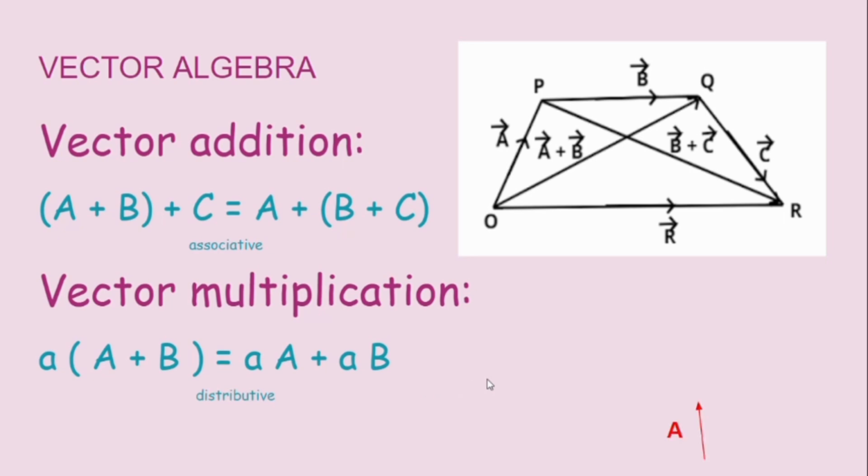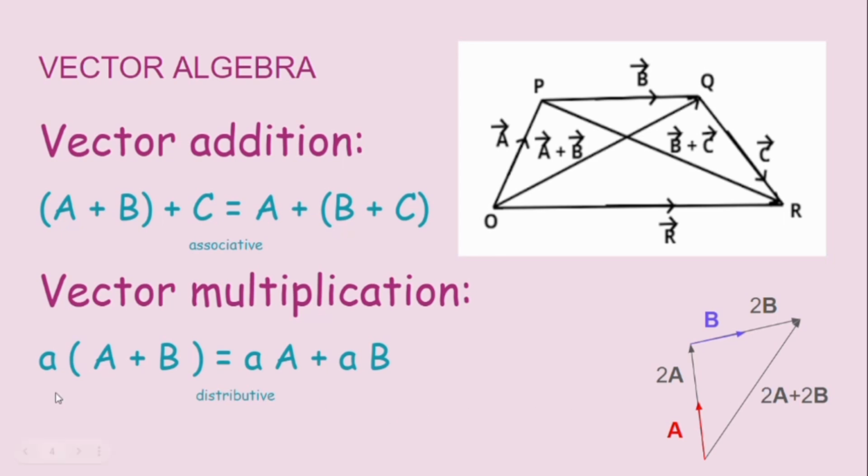Now we will see in the figure, we will take a vector A and multiply it with 2. The magnitude will become twice, and we will consider another vector B and it will become 2B when we multiply it by 2. Now we will add these two vectors 2A and 2B. This will be the resultant vector.